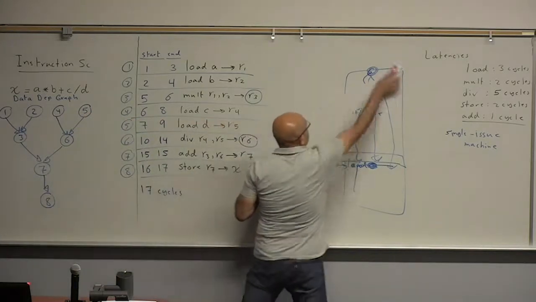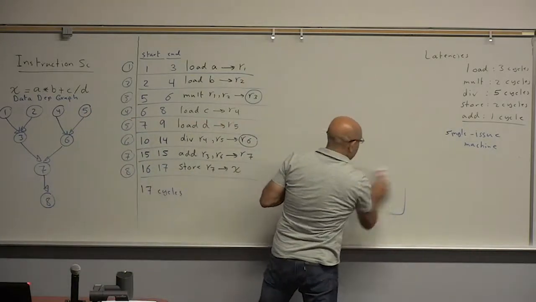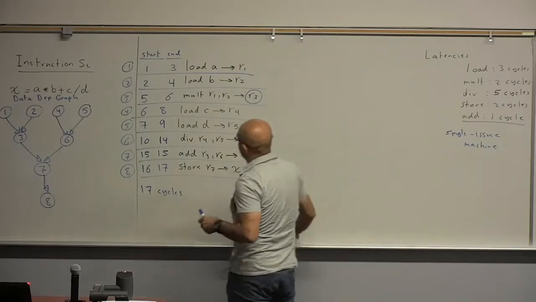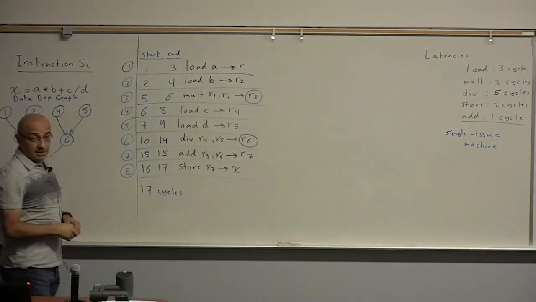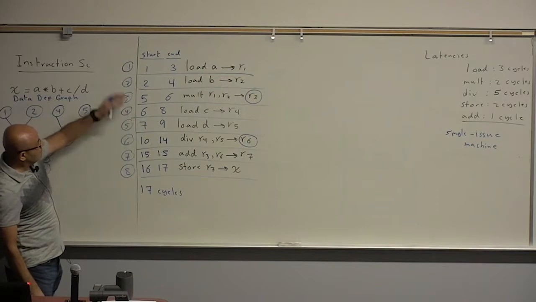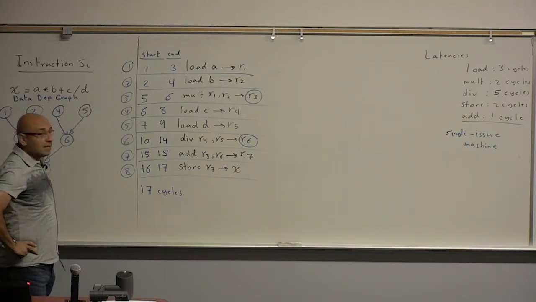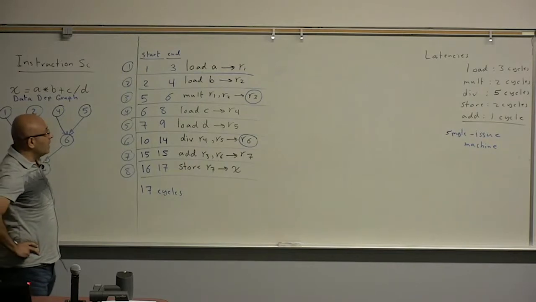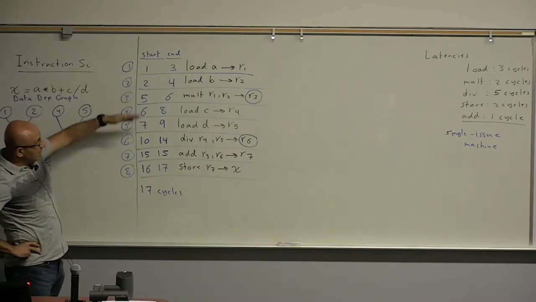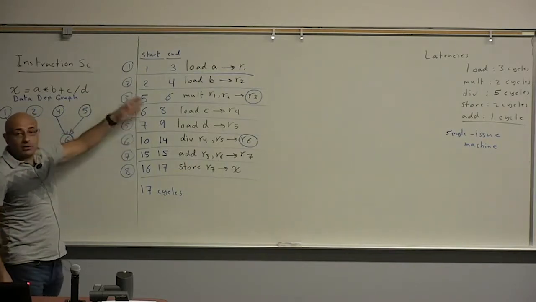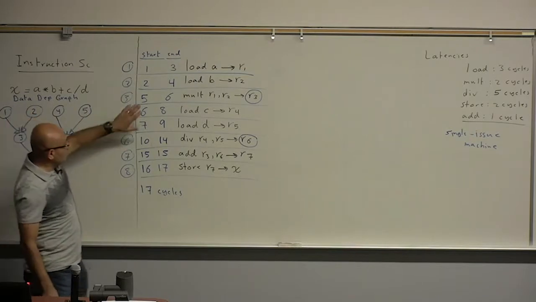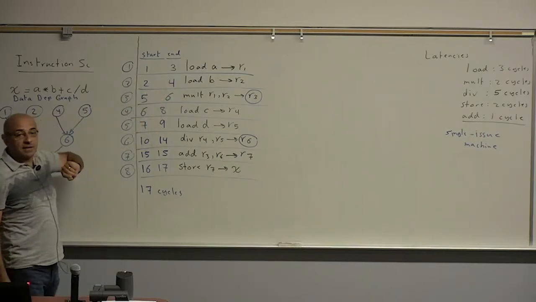Okay, so now this is our estimate of the number of cycles based on this simple machine model. Now a compiler would do instruction scheduling. By the way, we haven't yet said what an instruction scheduler would do. An instruction scheduler would look at this, and it would try to reorder these instructions to minimize the number of cycles.